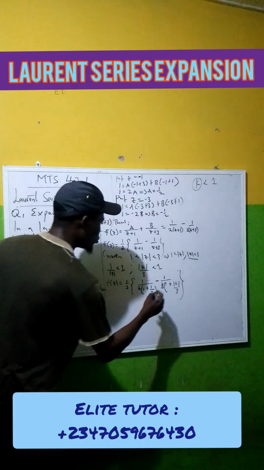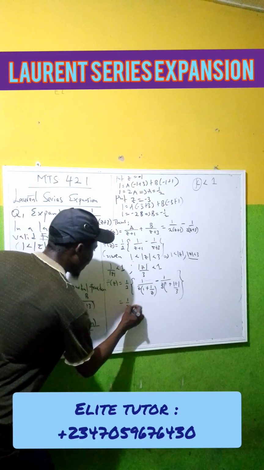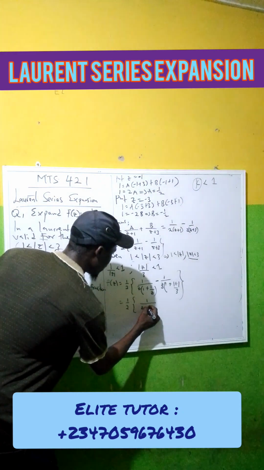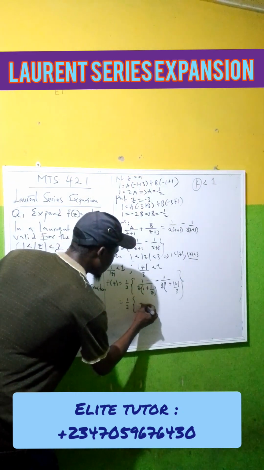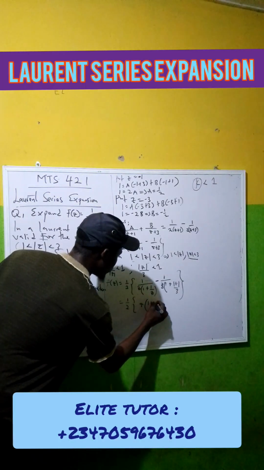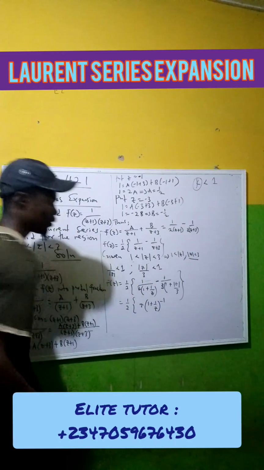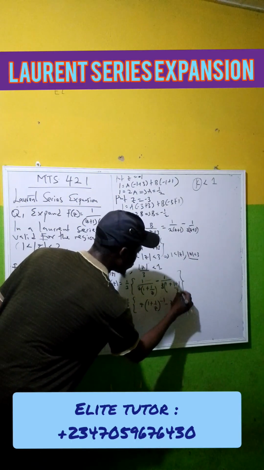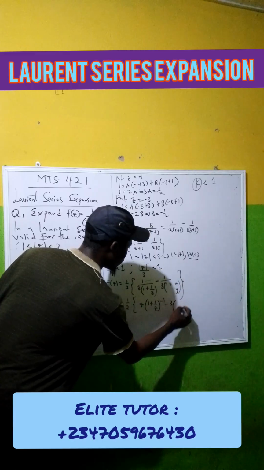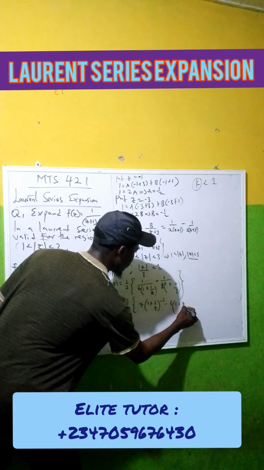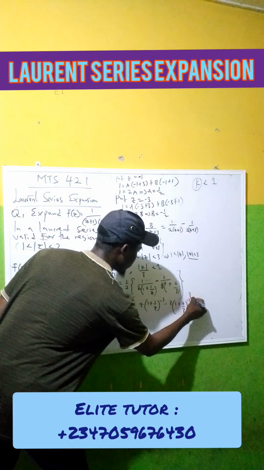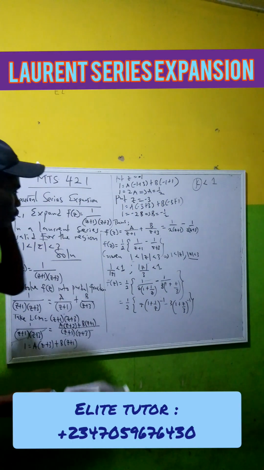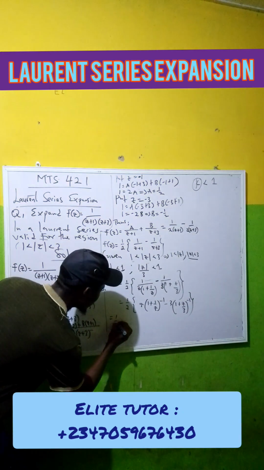At this junction, you now agree with me that we can write this as 1 over z into z into 1 plus 1 over z raised to power minus 1, minus 3 into 1 plus z over 3 raised to power minus 1. No stress. You will agree with me. So the other rule is that when you get to this junction, you see 1 over 2 is common there.